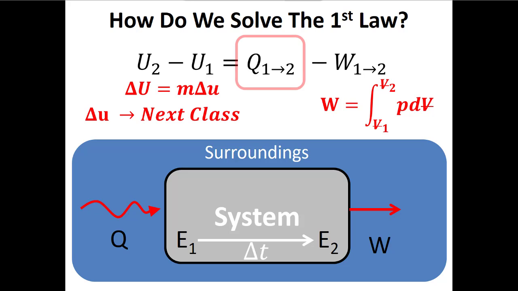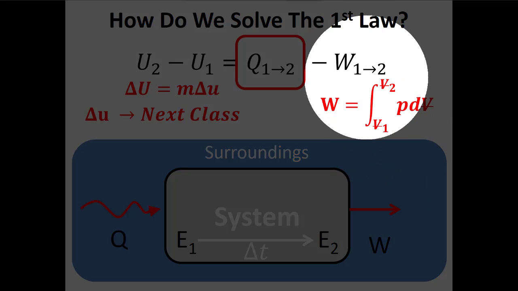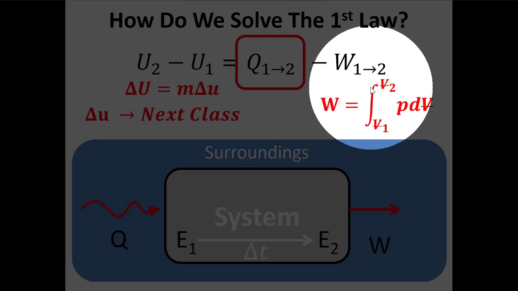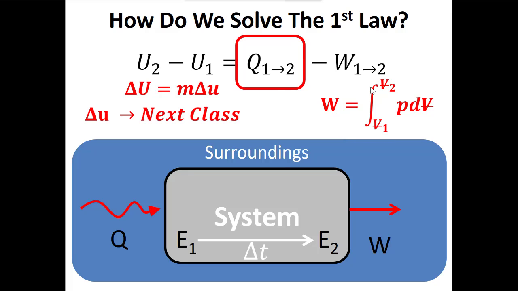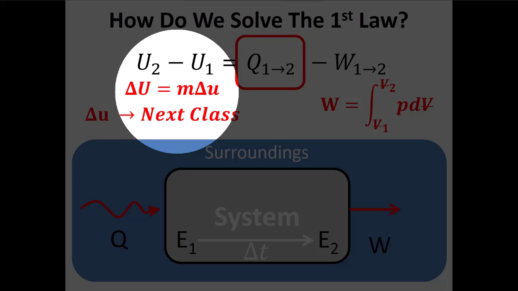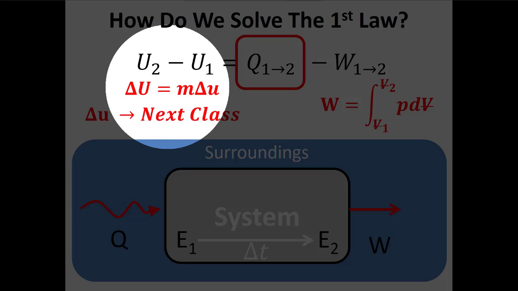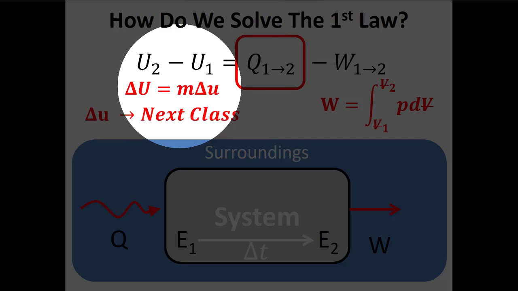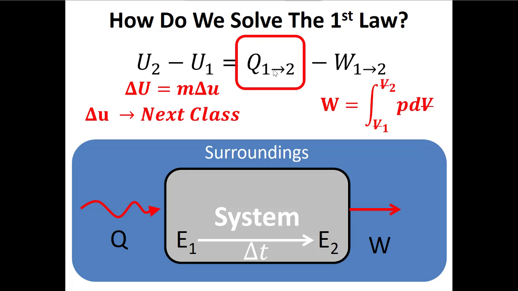So usually, to do a first law problem in this class for closed systems, we'll figure out what the relationship of P is with respect to volume and find the work. Then we'll work on fixing states, and we'll find the change in specific internal energy and multiply that by the mass. And then we'll use the fact that we know W and that we know delta U to find the heat transfer.